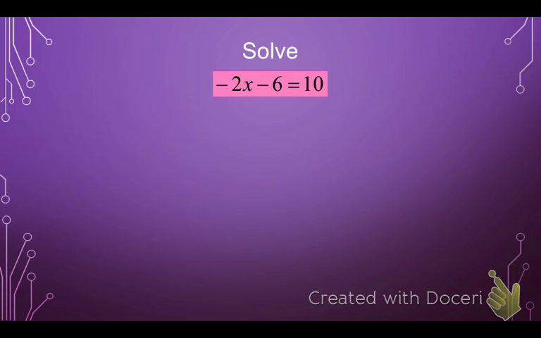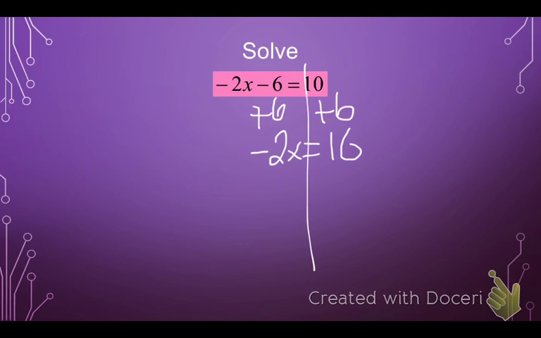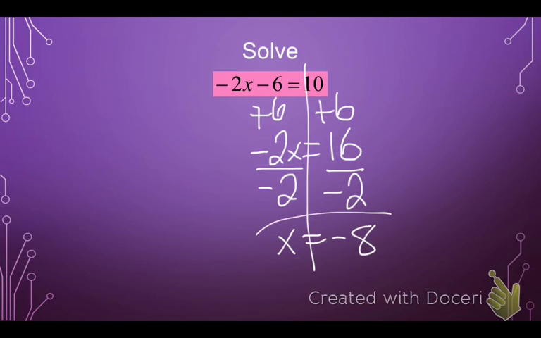So the first thing I'm going to do here is add 6 to both sides because when I cross the line, I change the sign. So I get negative 2x equals 16. Then I'm going to divide both sides by a negative 2. X equals negative 8. Alright, positive divided by negative is a negative.